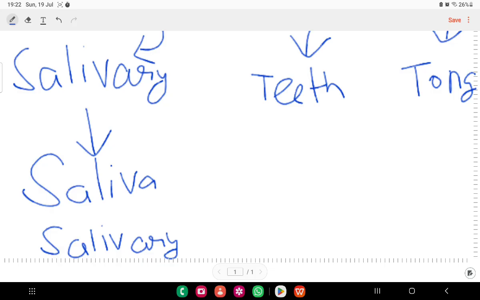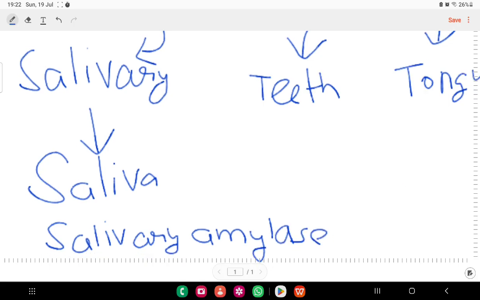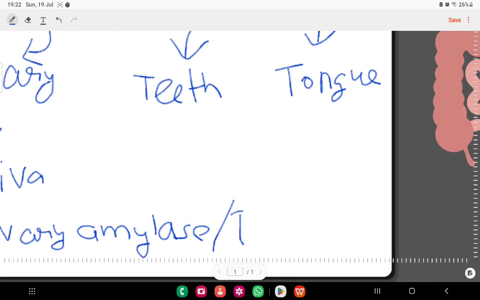I am not making any notes, I am just explaining it to you. So sorry, not salivary glands, it is salivary amylase, or the other name for this is ptyalin, in which the p is silent and the t is there, so ptyalin.